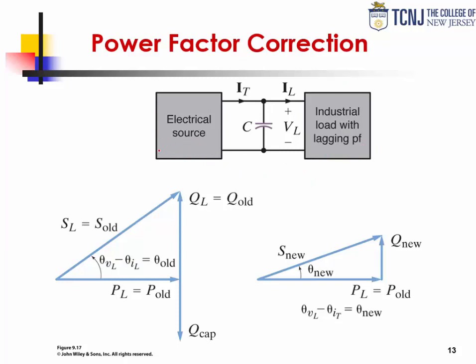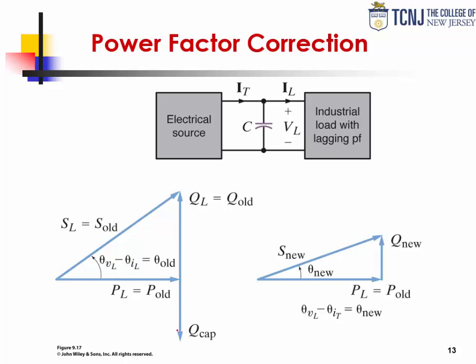So pictorially, this is the effect that that capacitor is going to have. Originally, we had a complex power at some angle, at some old power factor, with some large reactive power that we want to reduce.